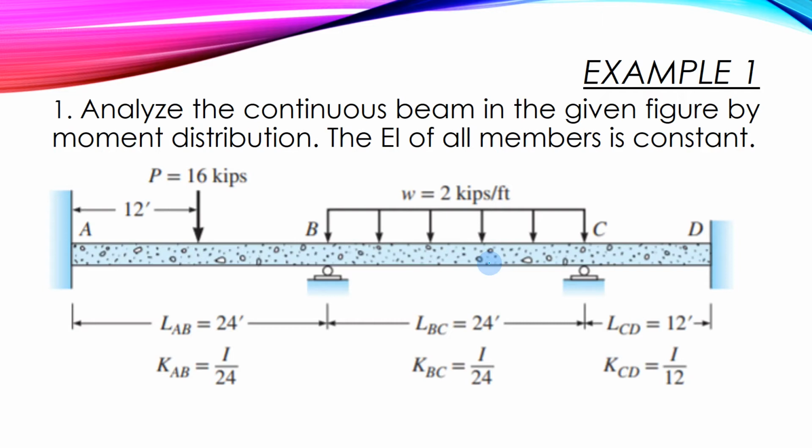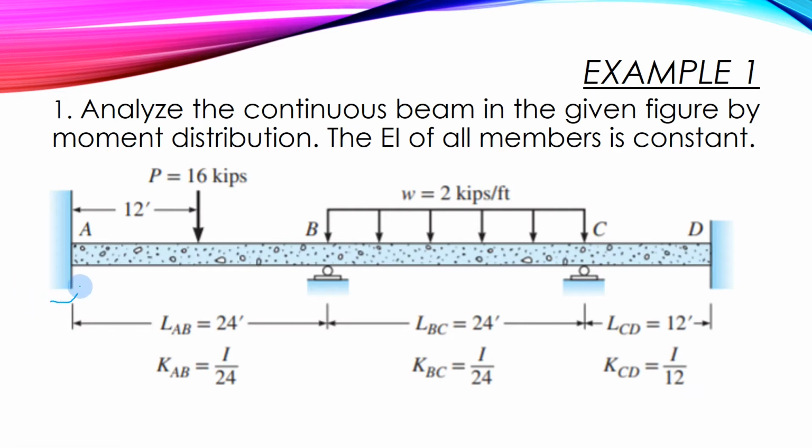So we're going to analyze the continuous beam in the given figure by moment distribution. The EI of all members is constant. Take note, guys, that our end supports are both fixed.